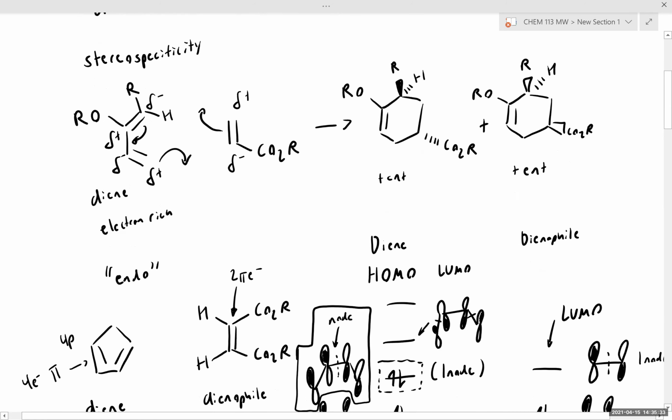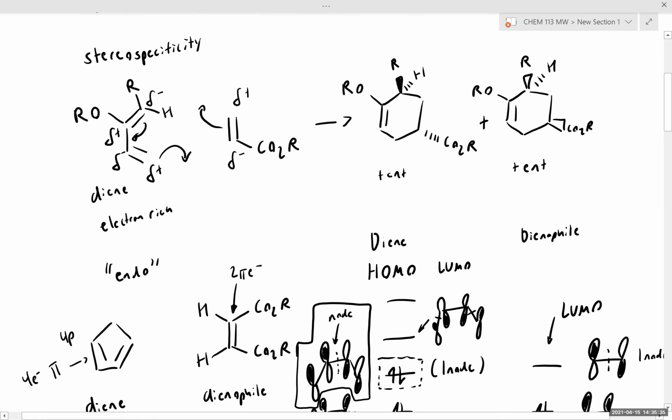Okay, so as I mentioned, the Diels Alder reaction, there may have been a slight difference in the position of this OR group and the position of the electron-rich group, or the substitution of the diene in the example during office hours.